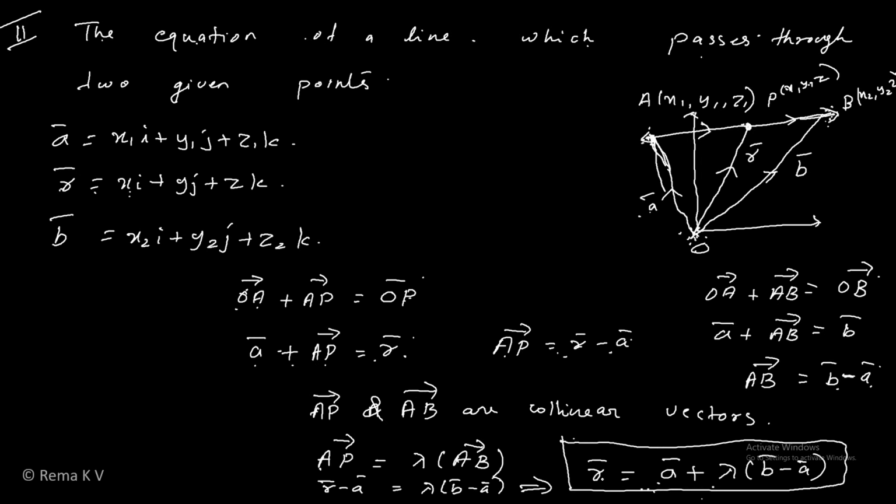Compare with the first one. In the first case, when a point A and a parallel vector are given, you write the equation as r is equal to A plus lambda B. Here it is A plus lambda into (B minus A). Consider any point on the line whose position vector is A, and then lambda into (B minus A), where B is the position vector of one point and A is the position vector of the other point.